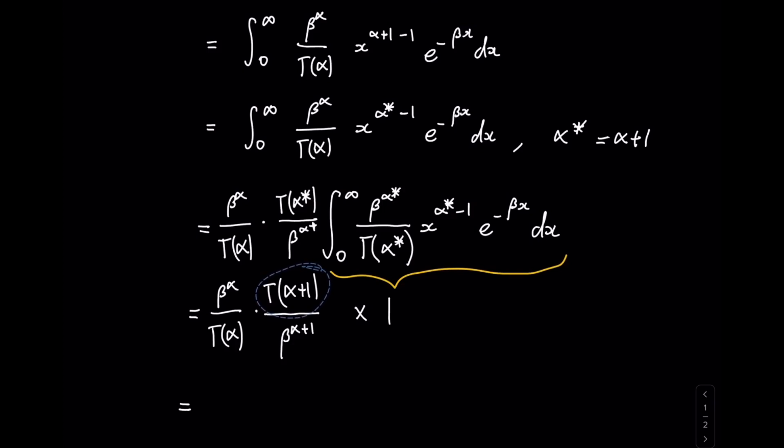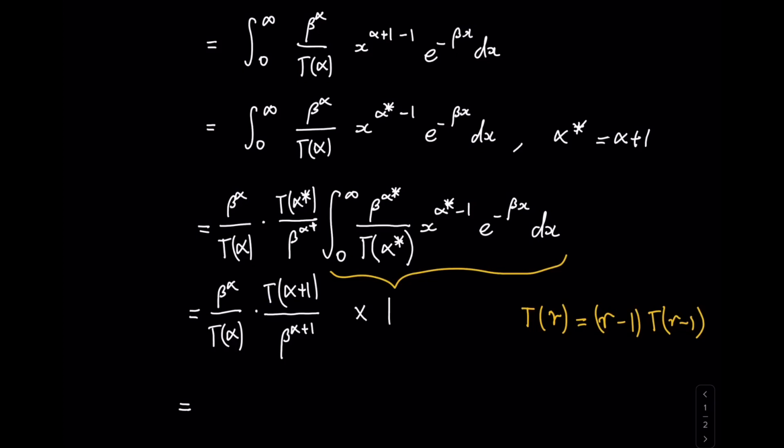If you recall, one of the properties of the gamma function, and I'll write it to the side here, is gamma of r is equal to r minus 1 multiplied by gamma of r minus 1.